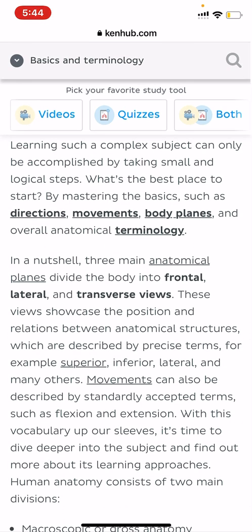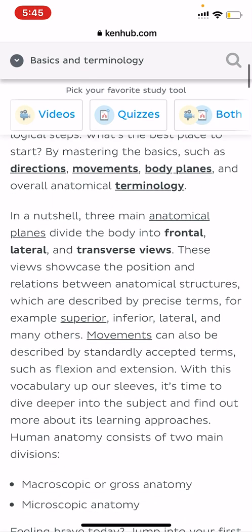These views showcase the position and relation between anatomical structures, which are described by precise terms, for example, superior, inferior, lateral, and many others.